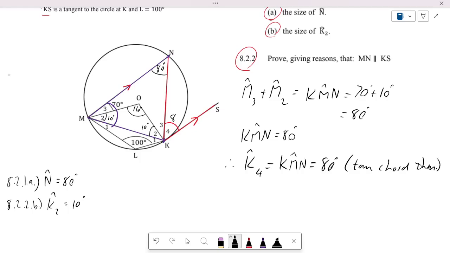And now we have this equal to 80 degrees, right? And we know that this angle here is also 80 degrees.